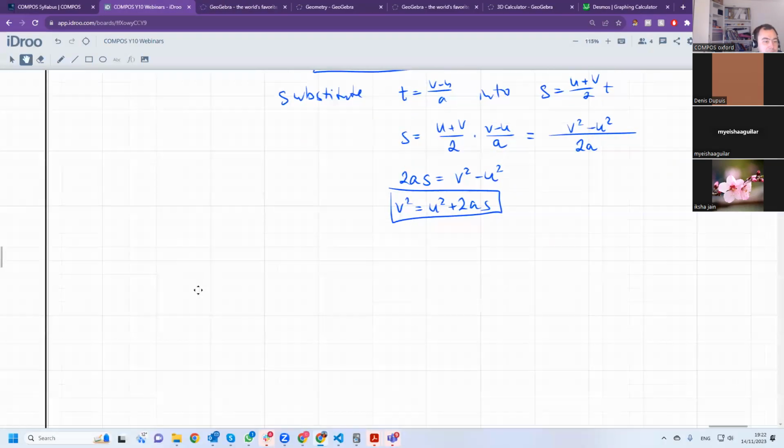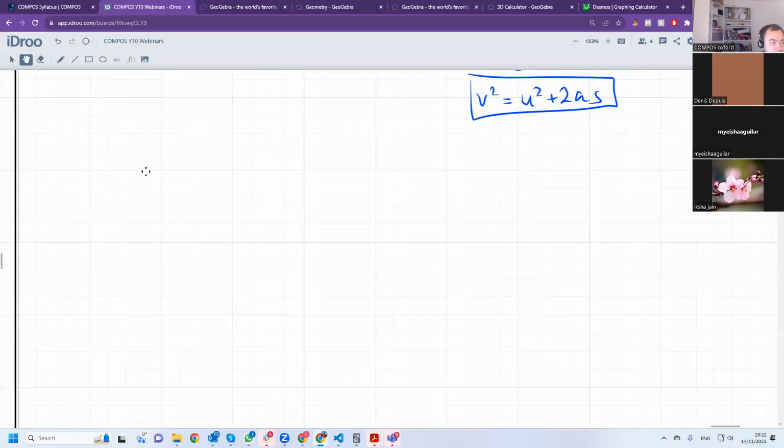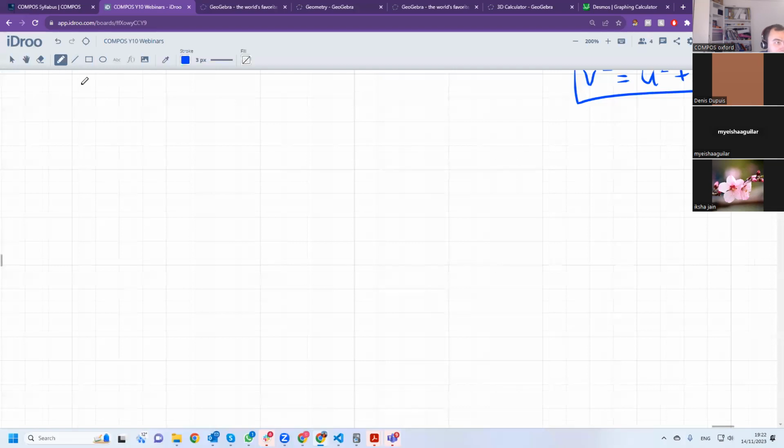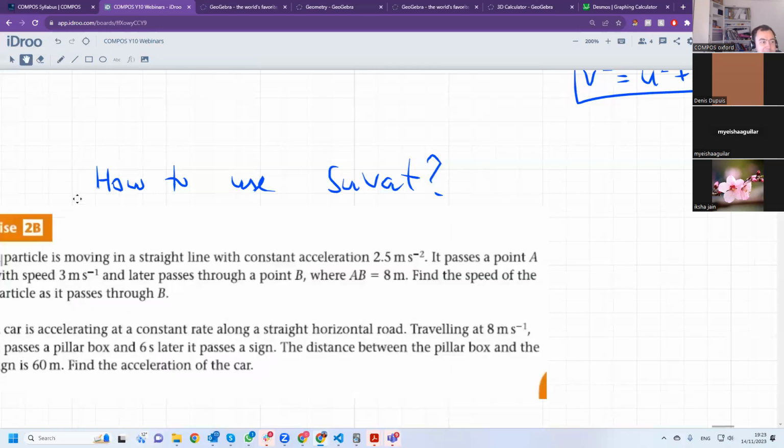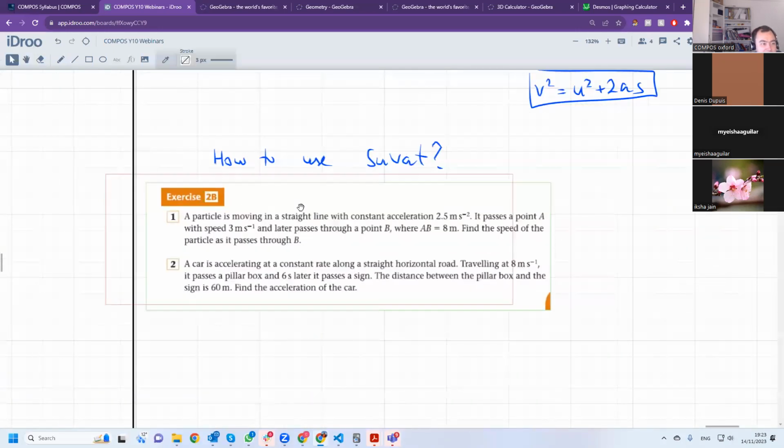Just showing you how to use Suvat. I should have started with this actually, because that's going to be less confusing if you start with this.